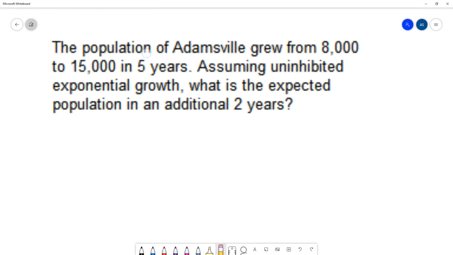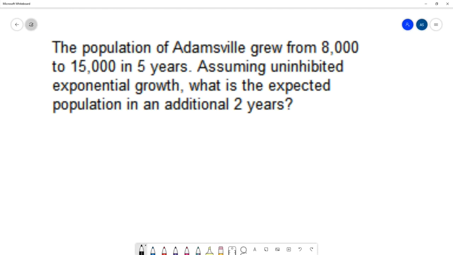The population of Adamsville grew from 8,000 to 15,000 in 5 years. Assuming uninhibited exponential growth, what is the expected population in additional 2 years? Within the problem, we're talking about the population of a city, and we assume uninhibited exponential growth.